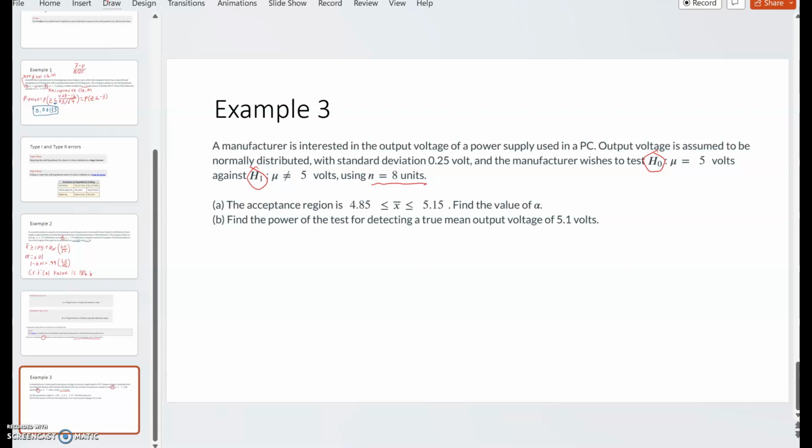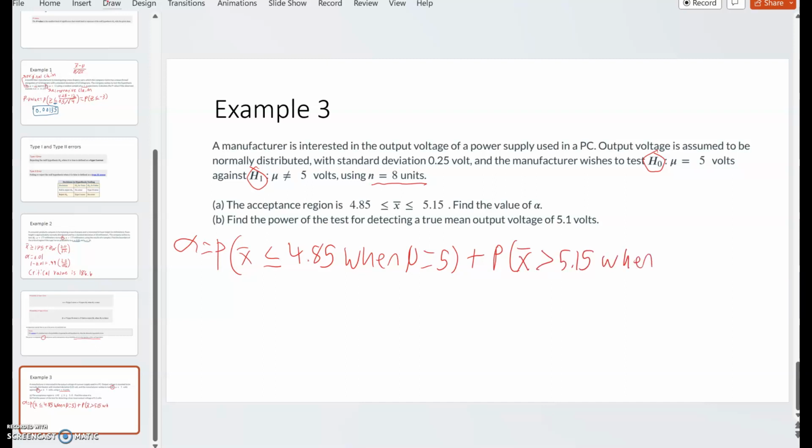So in order to do that, we set up alpha as equal to P, the probability that the sample mean X bar is less than or equal to 4.85 when the population mean mu equals 5, plus the probability that the sample mean is greater than 5.15 when the population mean mu is 5.